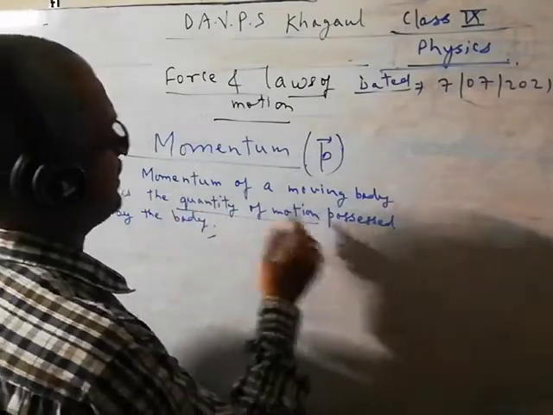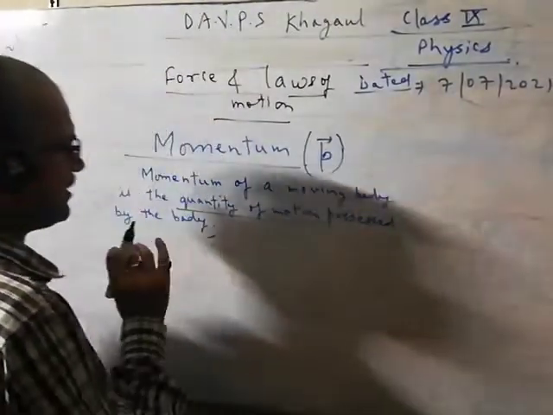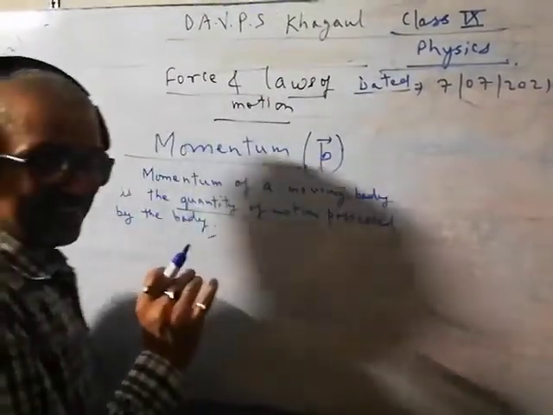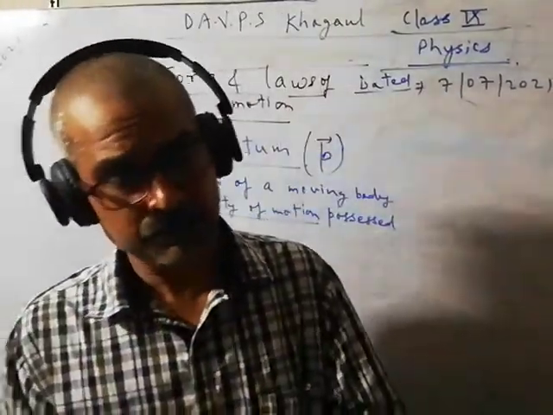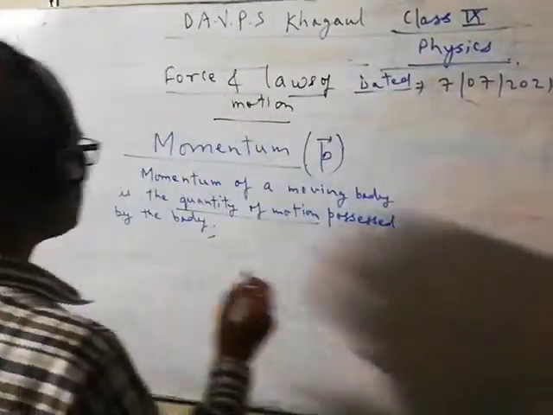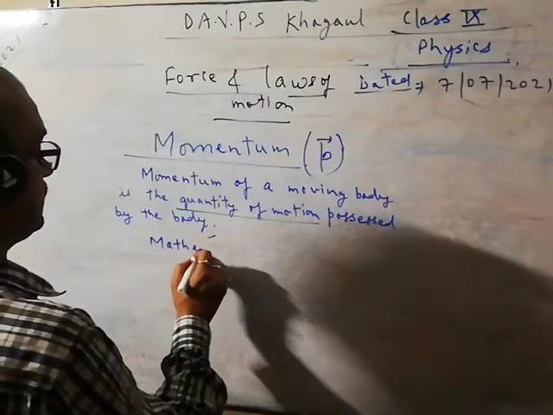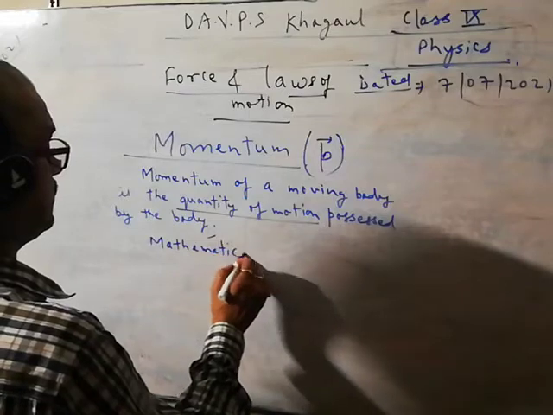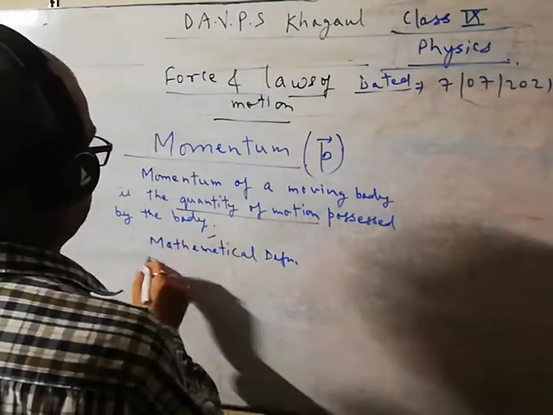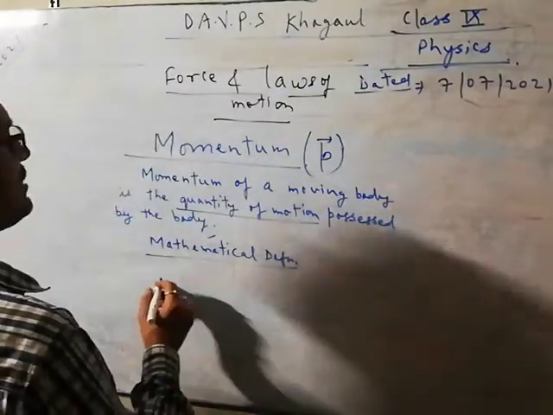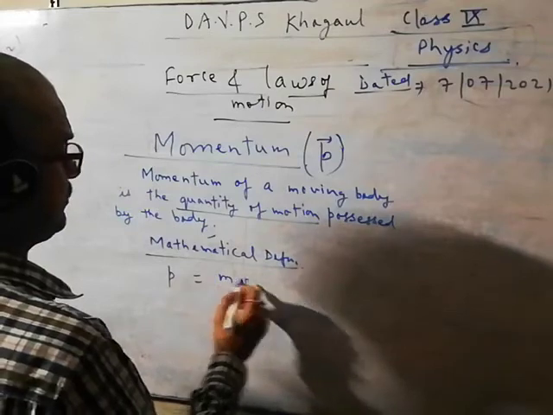Quantity of the motion, that is very important. Actually, if you get the formula of momentum, it will be more clear. Another definition is the mathematical definition of momentum, where momentum P is mass into velocity.